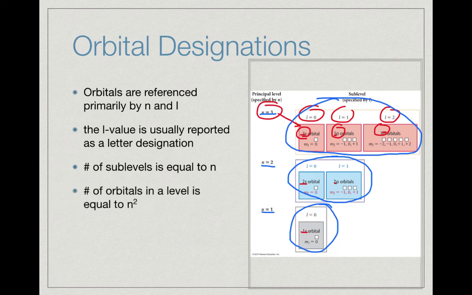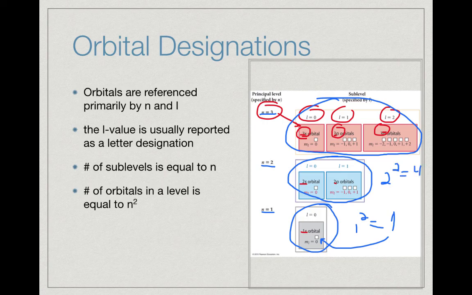The number of orbitals within a level is going to be equal to n squared. And so here we have n equals 1. So 1 squared is equal to 1. And you can see we just have that one sublevel. For n equals 2, 2 squared is equal to 4.